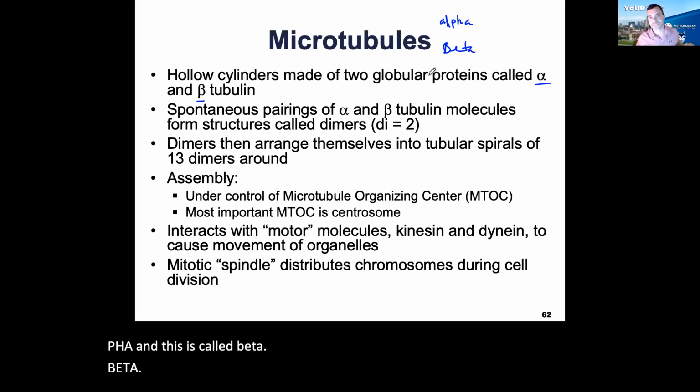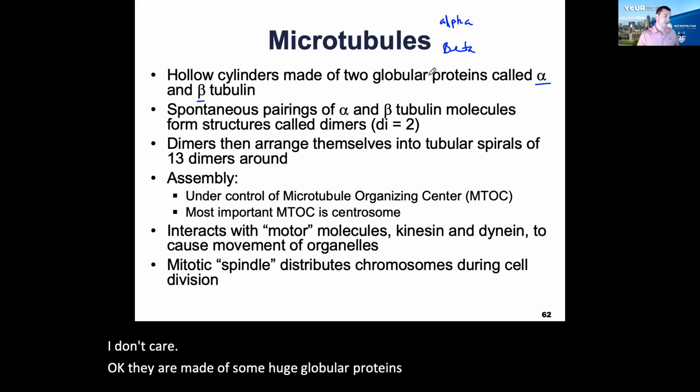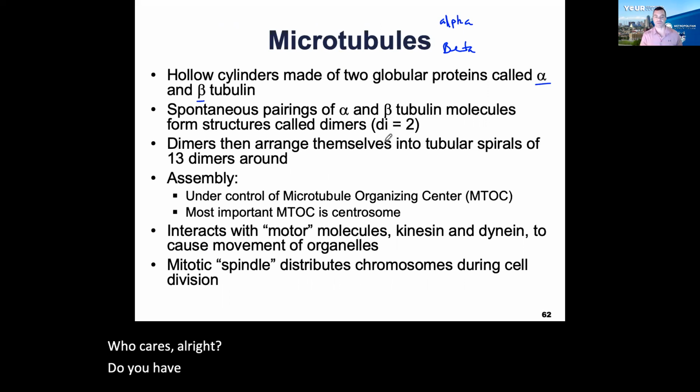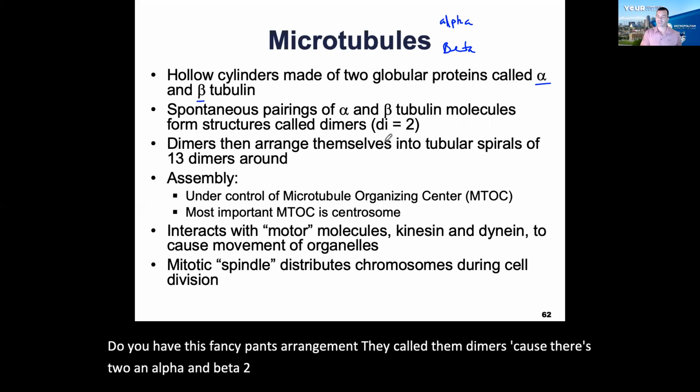I don't care, okay? They are made of some huge globular proteins called alpha and beta tubulin. They have this fancy arrangement, okay? They call them dimers because there's two, an alpha and a beta.